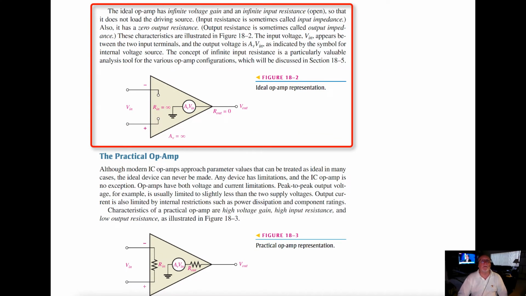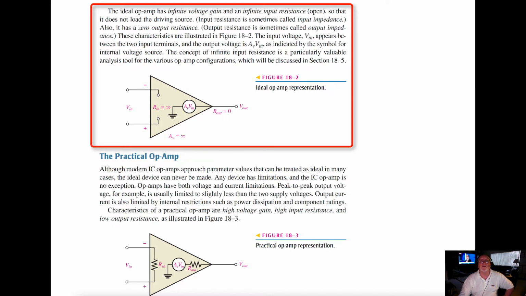The ideal op amp has infinite voltage gain and infinite input resistance, or an open, so that it does not load the driving source. Input resistance is sometimes called input impedance. Also, it has a zero output resistance. Output resistance is sometimes called the output impedance. These characteristics are illustrated in the diagram below.